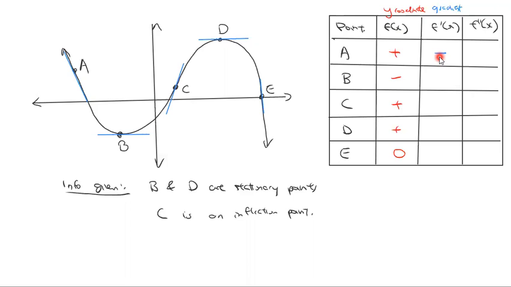And then 0. Positive. Yeah. And remember, you were told that B and D are stationary points. So by definition, this already tells us that f'(x) equals 0. We already know that from the definition.